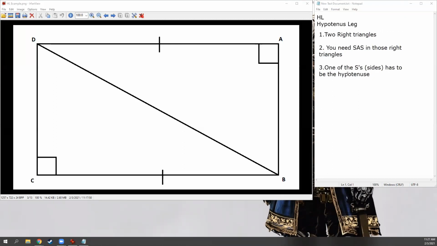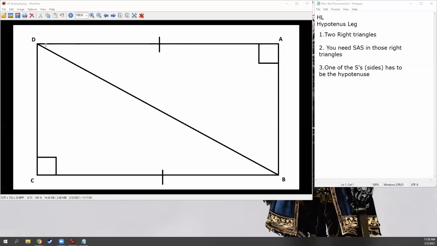If you don't know what the hypotenuse is, I'm going to show you in a second how to find it really easy. So let's just work through this problem right here and figure it out. We're not going to do a proof or anything. We're just going to look at it. When you're doing congruency, the order of the triangles really matters. The order you go in. So for instance, if I started in this top triangle and I go from A to D to B, that means I started at this right angle, went across this side with one notch, and then down the diagonal.